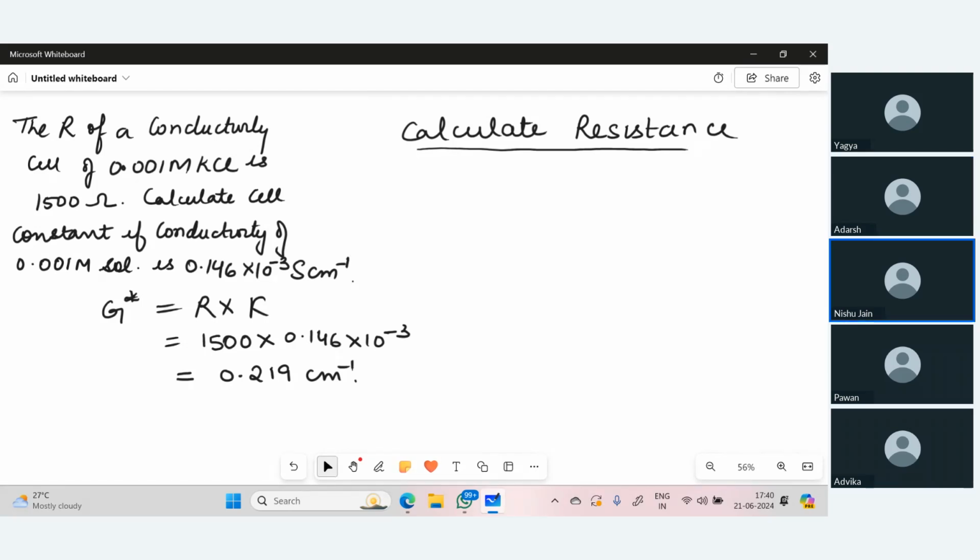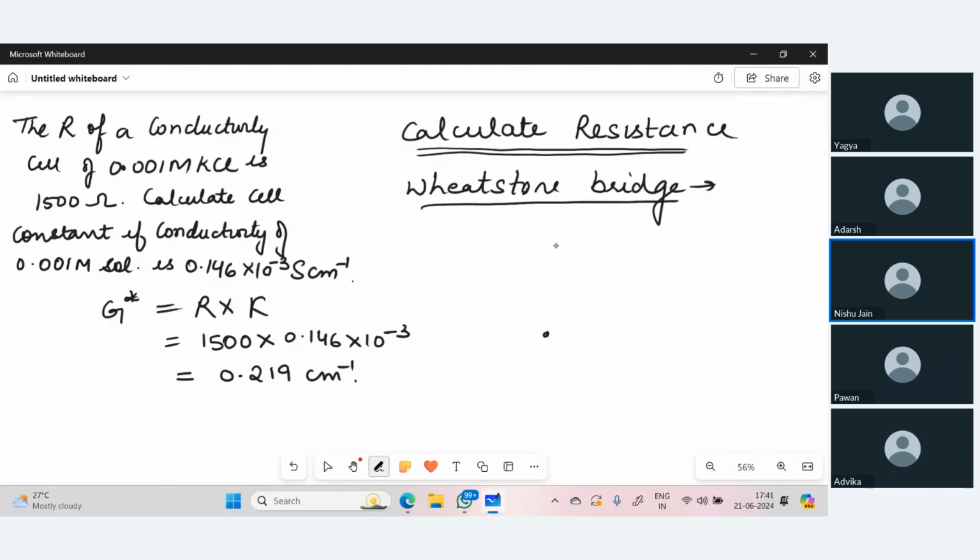Advika, you know about that? So how can we calculate resistance experimentally? There is one thing known as the Wheatstone bridge. They mainly want to ask questions from this. That is just for your knowledge. We'll discuss it briefly. What is the Wheatstone bridge?